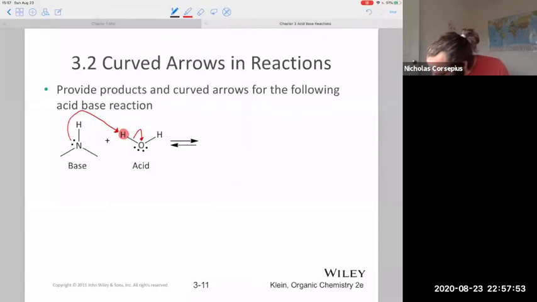Okay, so then if I'm going to draw my conjugate acid and conjugate base here, I have to draw my base has now accepted that proton. I'm going to keep it colored in red here so we can keep track of what's what. And then remember, I have to add 1 to the formal charge of whatever it is in that base that accepted that proton.